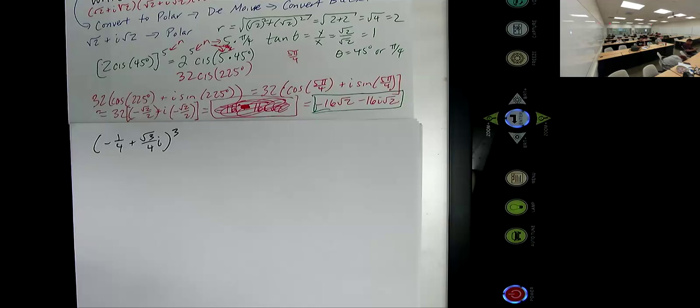Oh, multiplying fractions, my brain. Like one thing in the algebra that I'm waiting for you to do.